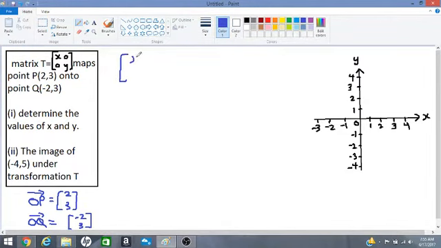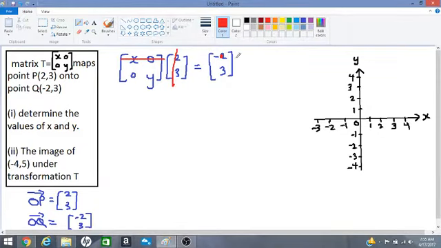We have the matrix x 0, 0 y multiplied by 2, 3, which produces -2, 3. Alright, we are multiplying row by column to produce this number here.